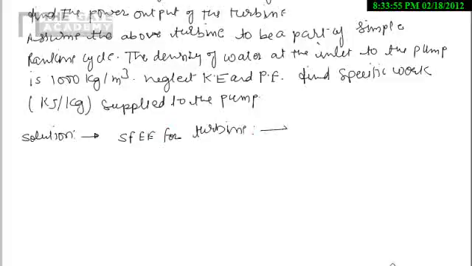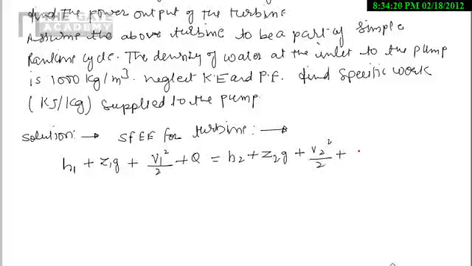The steady flow energy equation for the turbine will be, at inlet, enthalpy H1 plus gZ1 plus V1 square by 2 plus Q, on a per unit mass basis, equals H2 plus gZ2 plus V2 square by 2 plus W. The steam turbine process is adiabatic, so Q will be 0 for an adiabatic process.